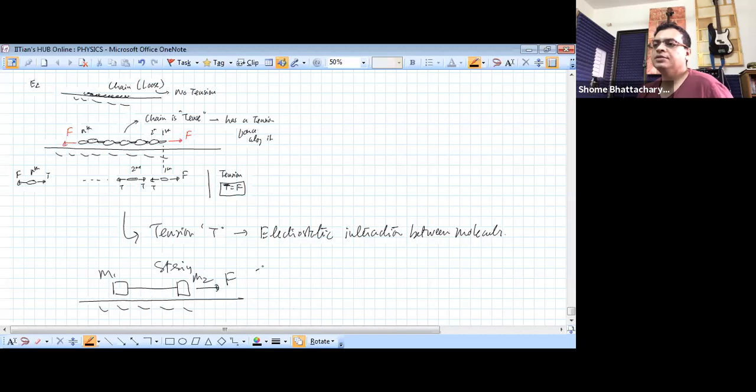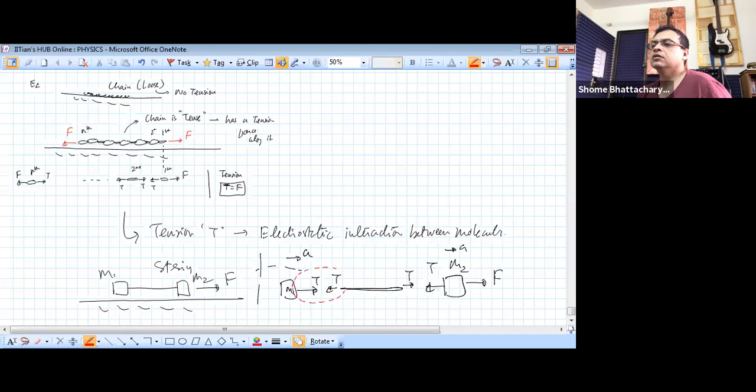So what is happening here is this block M2 is experiencing a tension force because of this rope, and this block M1 is getting pulled like this. So this has an acceleration A, and this has the same acceleration A. And you can see that over here, this is an action-reaction pair. This is an action-reaction pair.